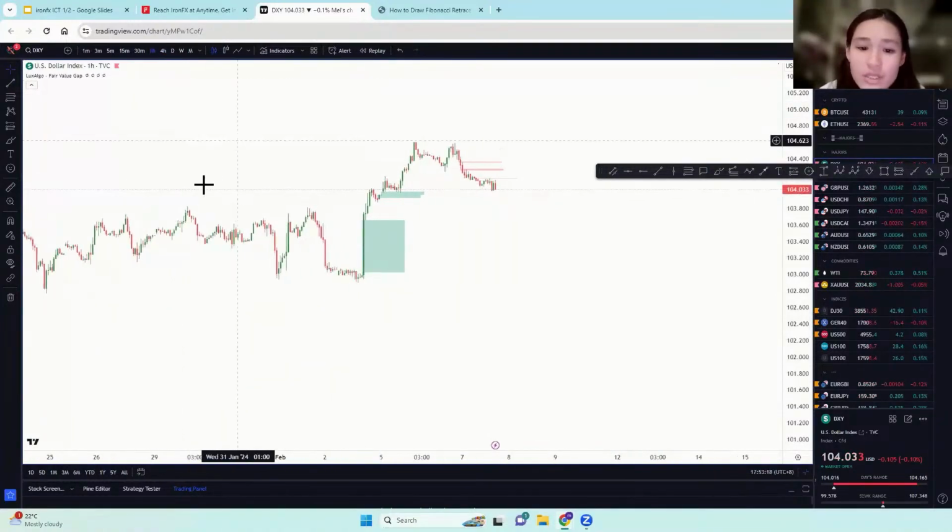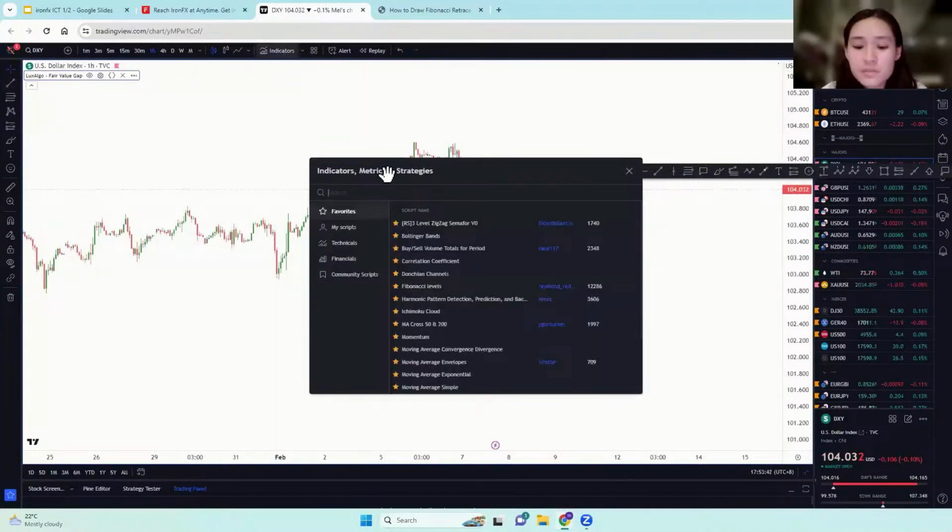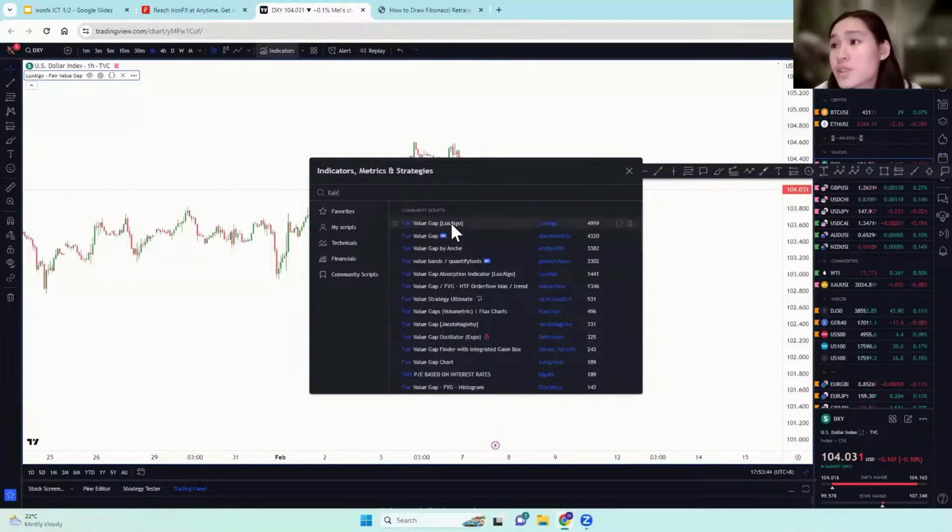I'm on the 1 hour time frame now. The one that we use is the LuxAlgo one, this one here.